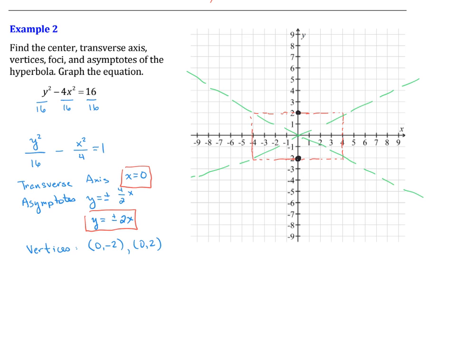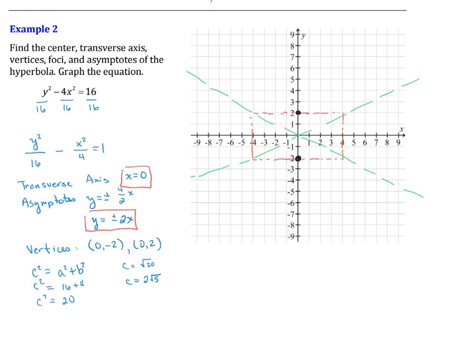And now we need our foci. But c squared equals a squared plus b squared means that c squared is 16 plus 4. So c squared equals 20. Now that means that c is going to be the square root of 20. We don't have to worry about the negative, but we do have to simplify that radical. So 2 root 5. And it's going to be on the same transverse axis as what we've seen.